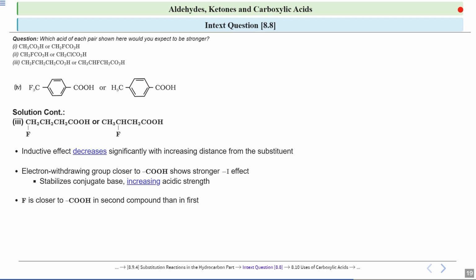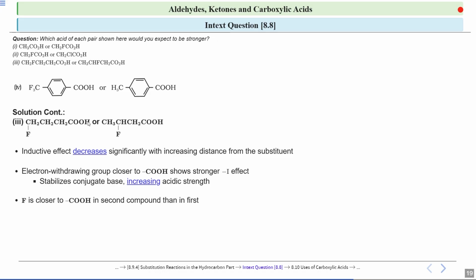So if we look at these two compounds, the fluorine atom is closer to the COOH group in the second compound. If you see over here, in the second compound this fluorine is close, compared to this compound where fluorine is far away from the carboxyl group.